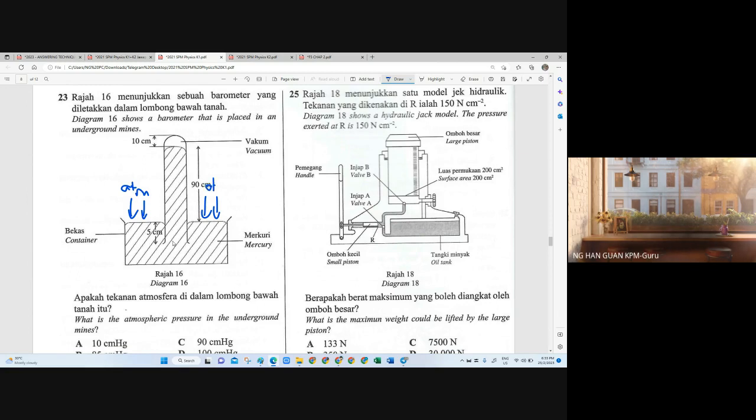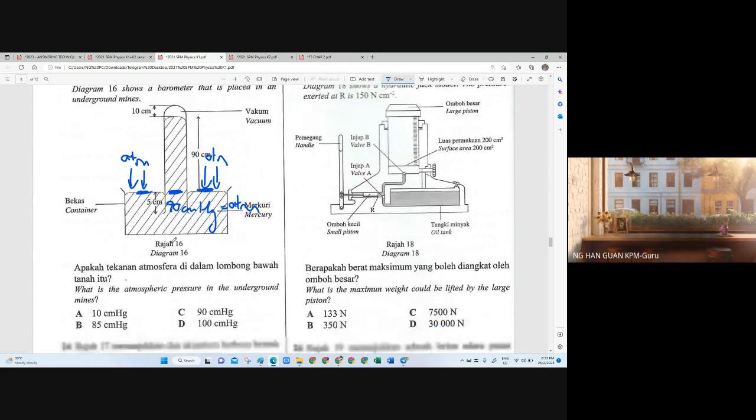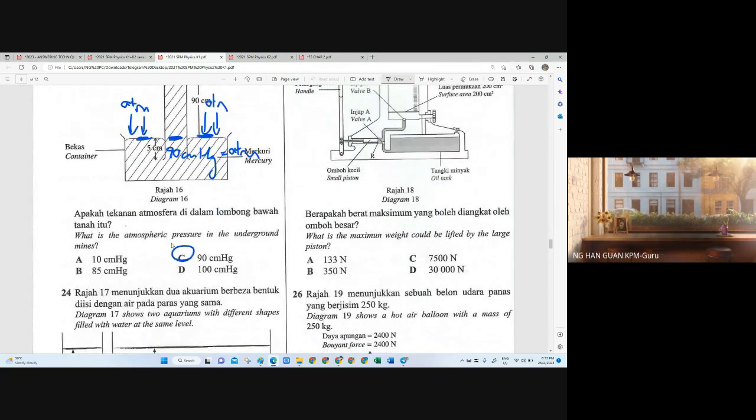Because of the atmospheric pressure, the mercury is forced up into this glass tube. The atmospheric pressure can hold the mercury up to this height, so the pressure here is the same as the pressure acting on the surface. Inside here is 90 centimeters of mercury, so the atmospheric pressure equals 90 centimeters of mercury. That's very easy, that's our answer.